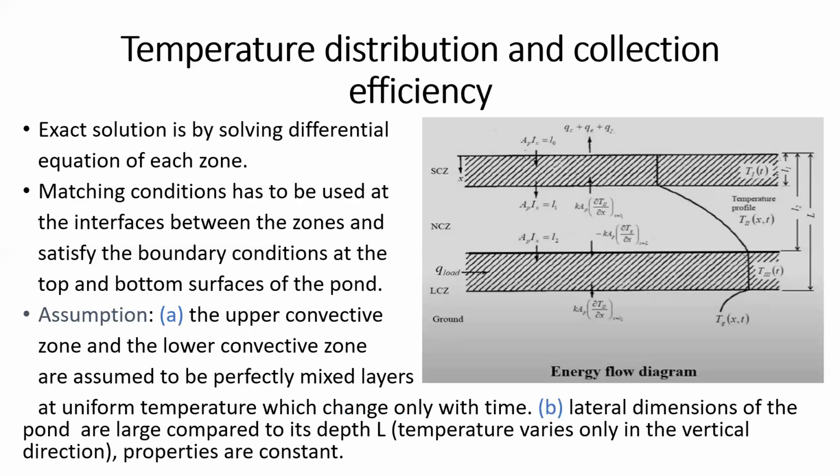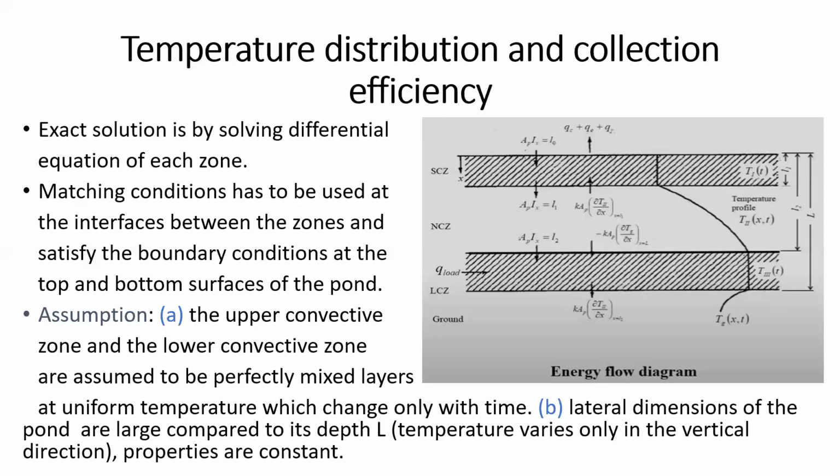And the second assumption is that the lateral dimensions of the pond are large compared to its length. When we consider the length of the pond, the lateral dimension, that is the surface area, is very large. The temperature varies only in the vertical direction.